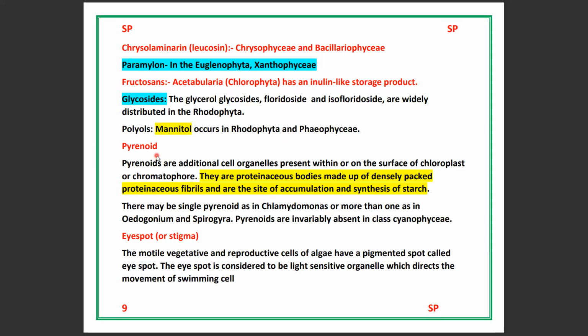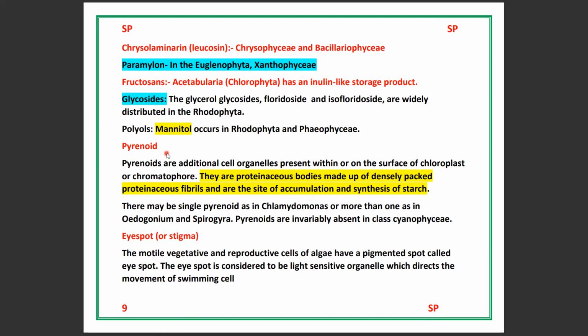And pyrenoids are additional cell organelles present within or on the surface of the chloroplast or chromatophore. Pyrenoids are proteinaceous bodies made up of densely packed proteinaceous fibrils and are the site of accumulation and synthesis of starch.